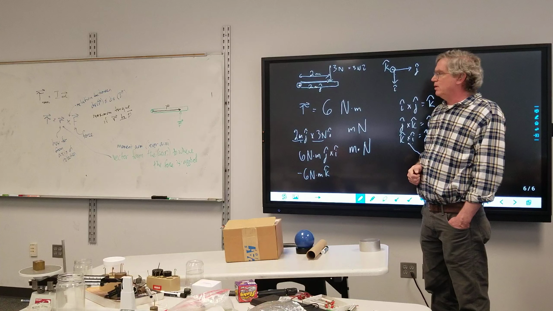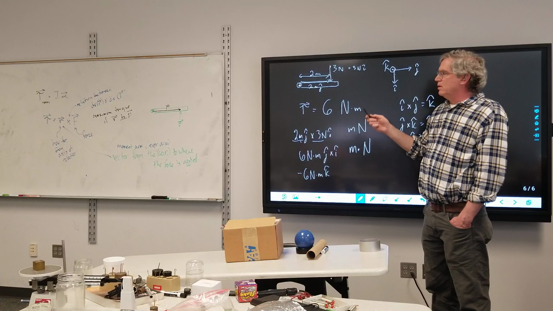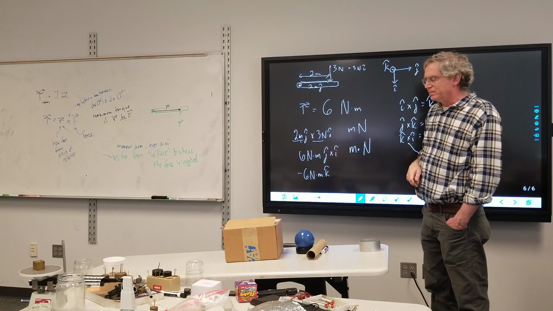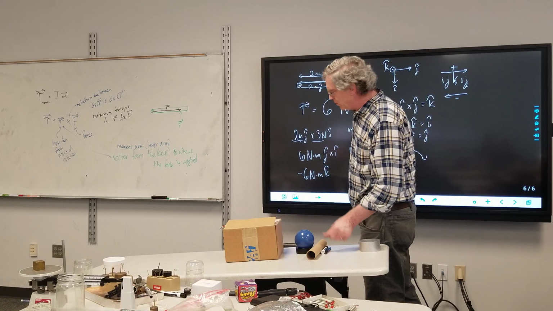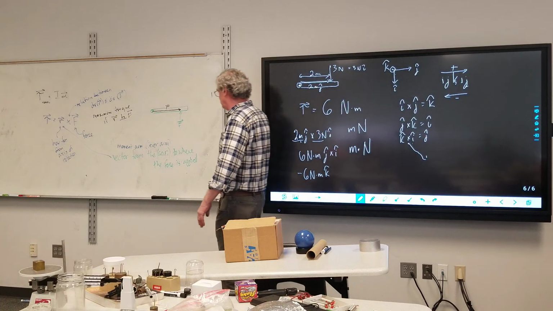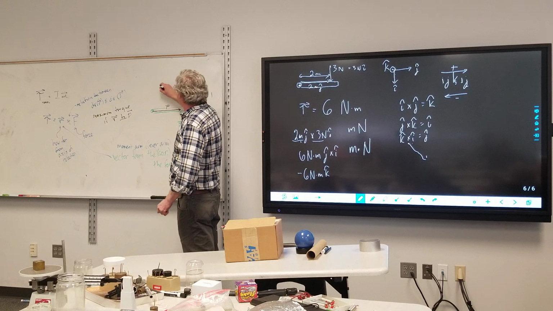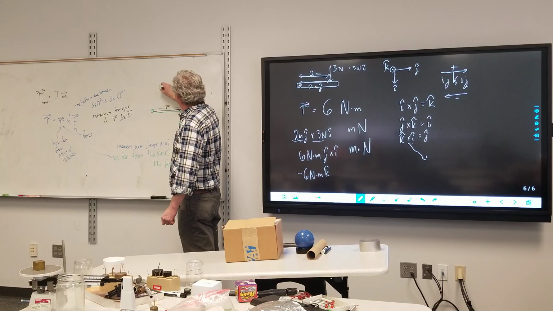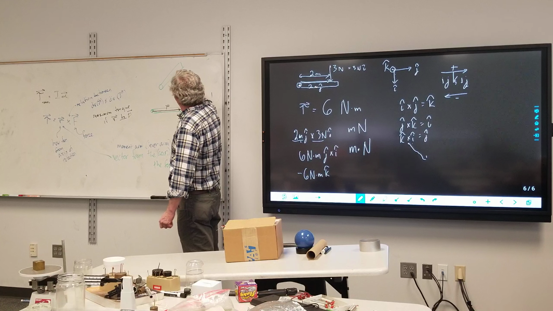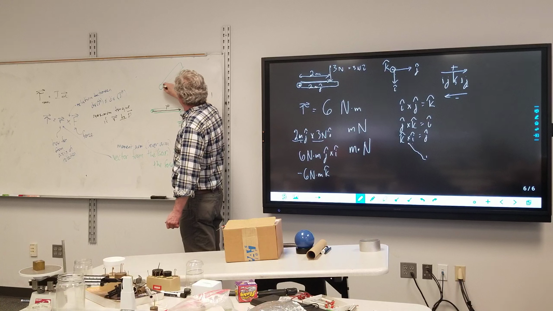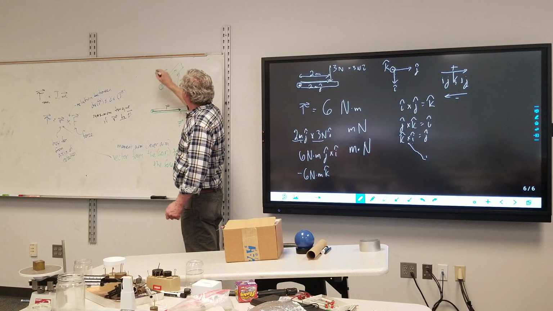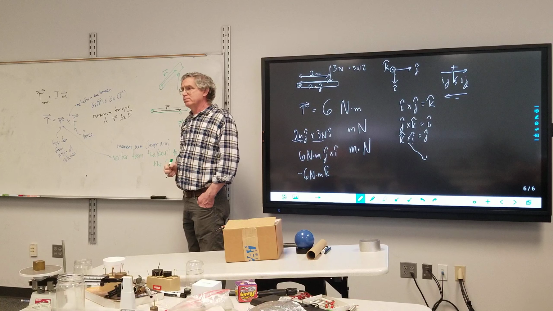If they're not perpendicular to each other, I'm just going to do this conceptually. So if my door is like this, I apply a force upwards, there's my force, my moment arm, they're not perpendicular to each other.